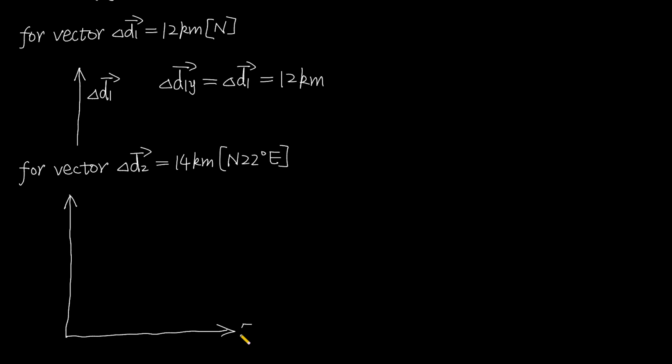This direction is east, also positive x direction. And this direction is north, also positive y direction. And the direction of delta d2 is north, 22 degrees toward east, so it should be here.